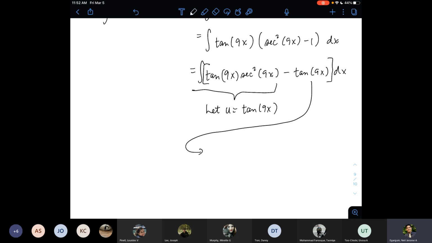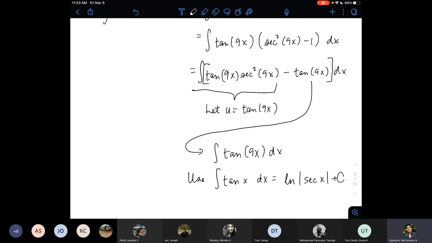Now for the second part, you'll have the integral of tangent 9x dx. You will use the formula for the integral of tangent x dx. I guess this is ln of, what's the formula? Do you guys remember? This is tangent of secant, I guess, absolute value of secant x plus the arbitrary constant c.